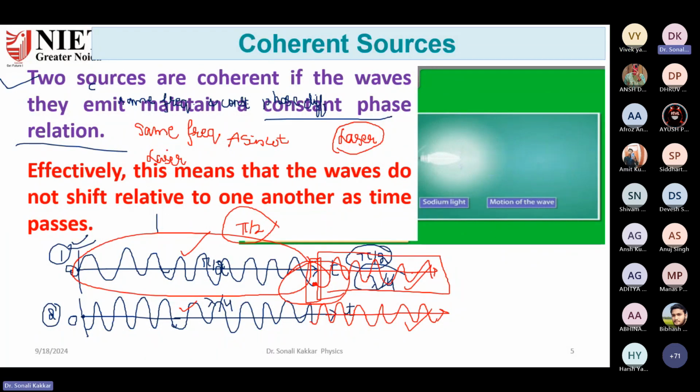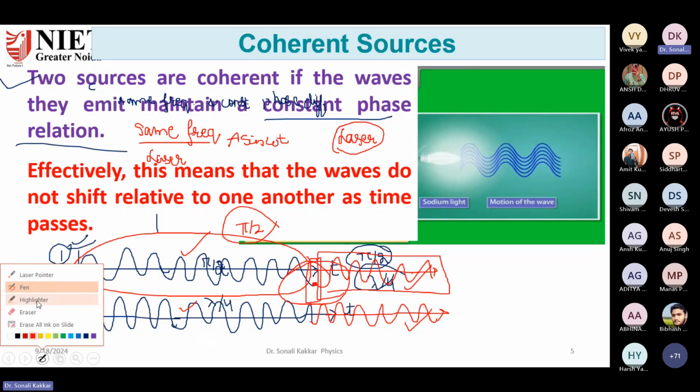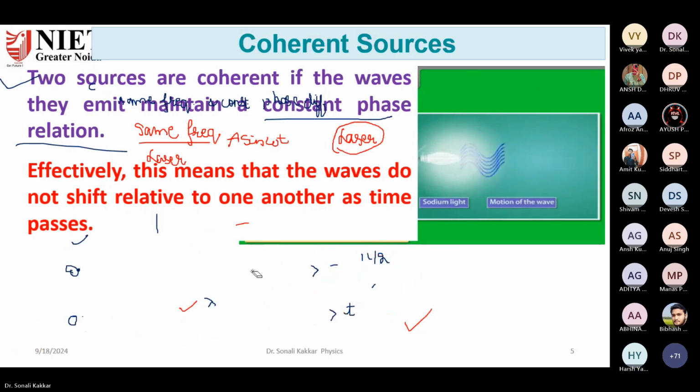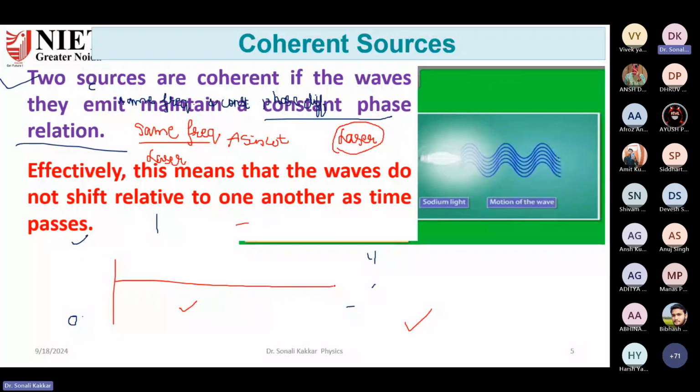Coherent light should be monochromatic first. Monochromatic as in it should have the same frequency throughout. The frequency should not change. I'll give you an example of how frequency changes. Suppose there is some source emitting waves like a musical instrument. Whosoever is speaking, please mute yourself.